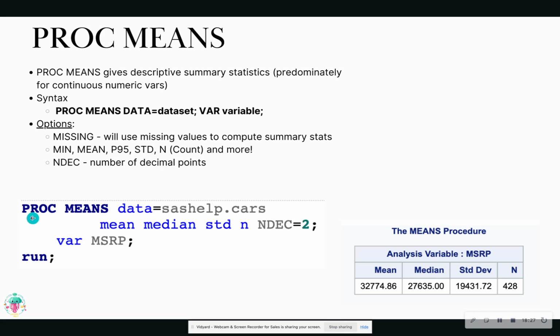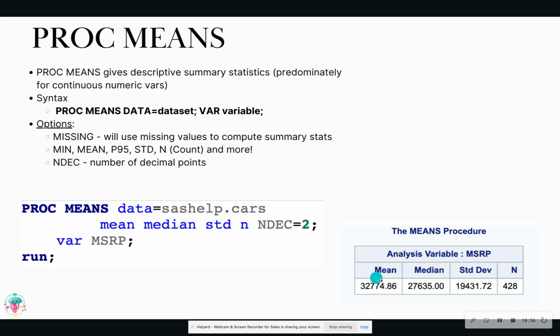So in this case, I see PROC MEANS, the data is equal to whatever data set I'm using, and we're still working on that cars data set. And I want to get the mean, the median, the standard deviation, the number of observations in the data set, and I want to round it to 2 decimal places. The VAR that I'm interested in is manufacturer suggested retail price because price is that continuous numeric variable.